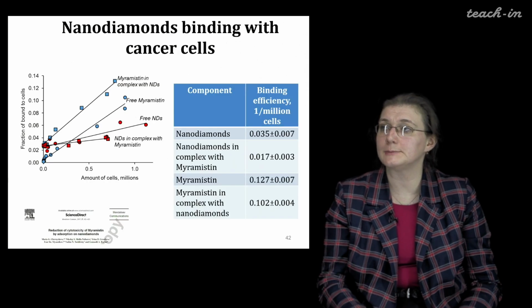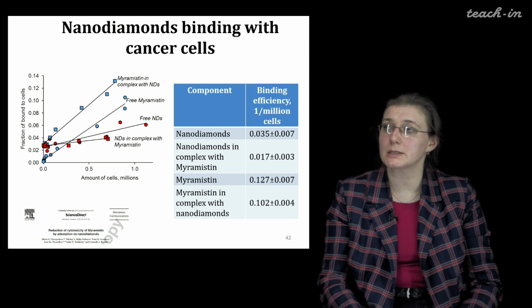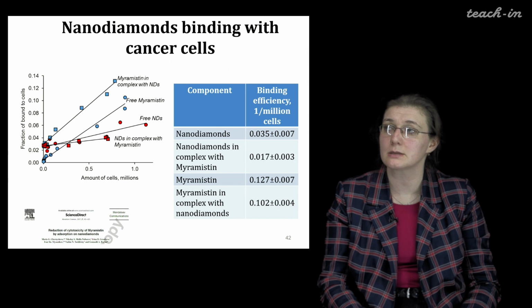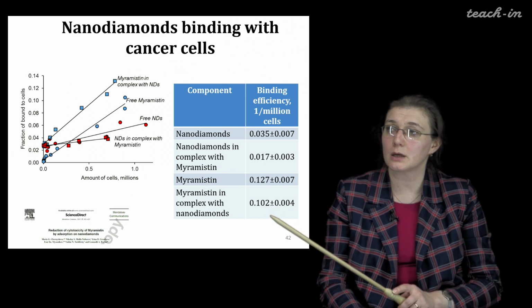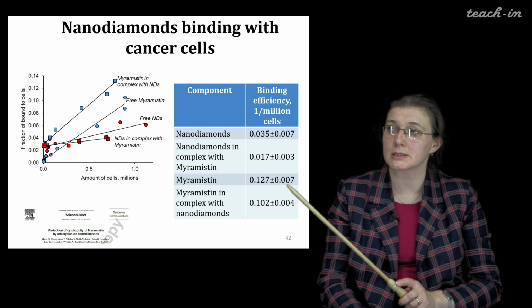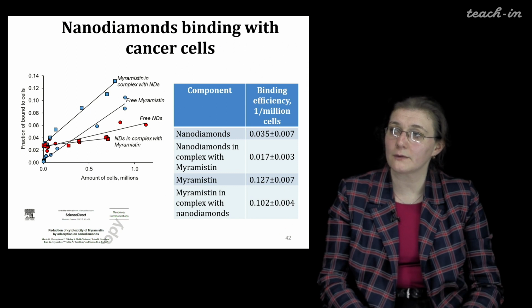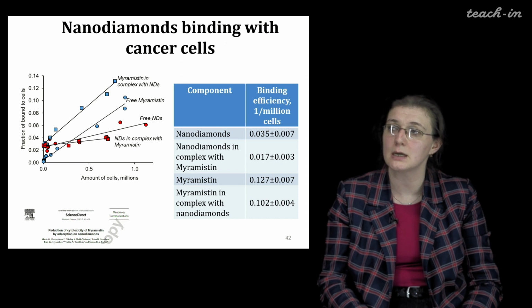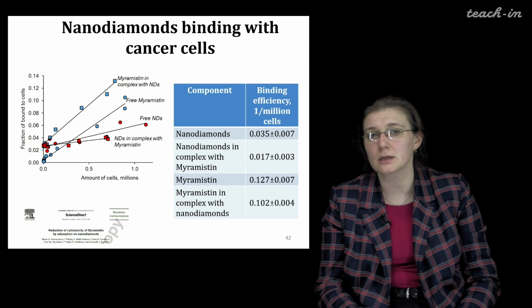So here is the result of binding with cancer cells, and we can conclude that the complex of drug with nanodiamond and nanodiamond itself have significantly high binding efficiency with cancer cells.